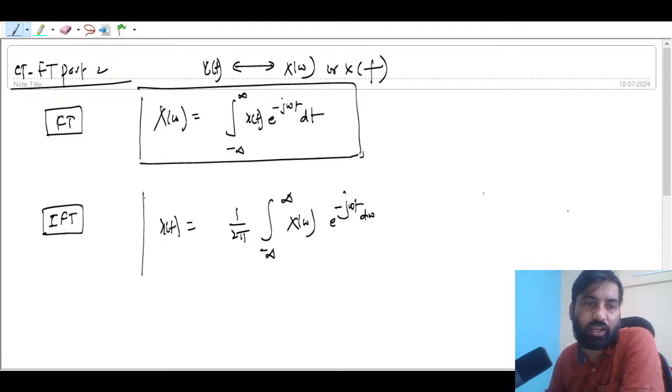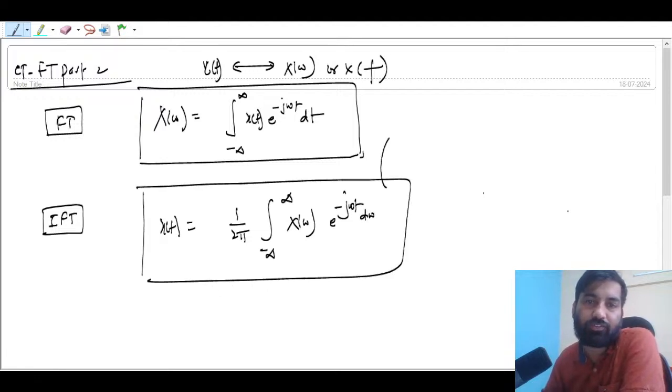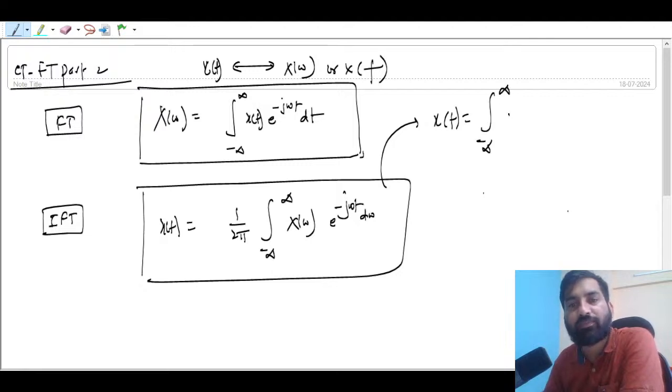And suppose you want to write in terms of the f domain, so it becomes x(t) equal to, 1 by 2 pi will not be present, integration minus infinity to infinity X of f e raised to power j 2 pi f t df.